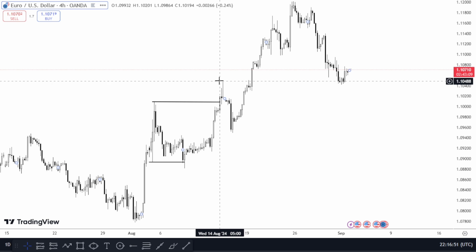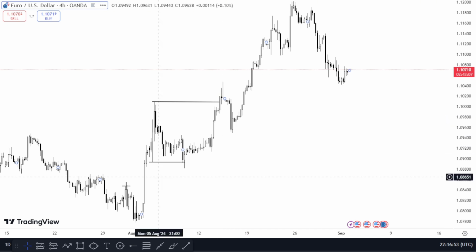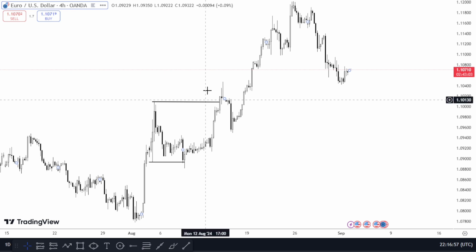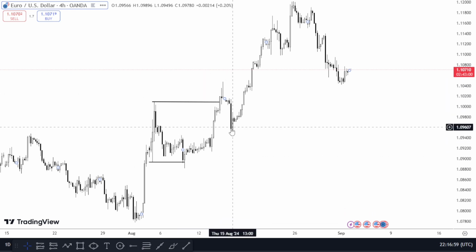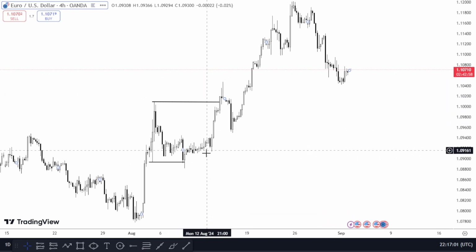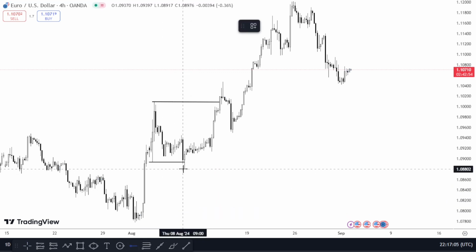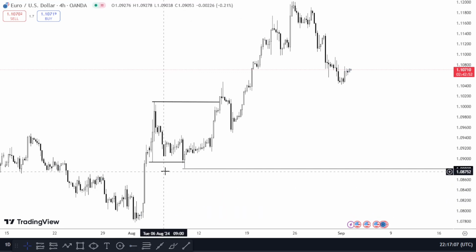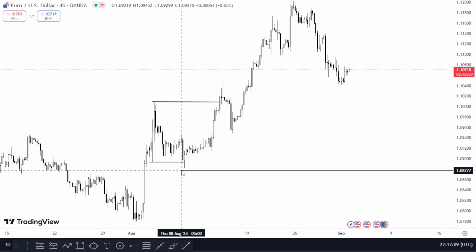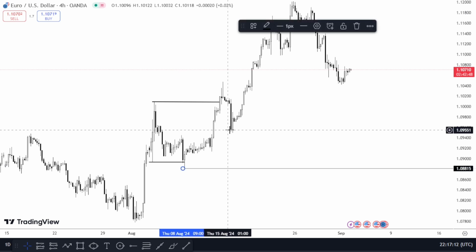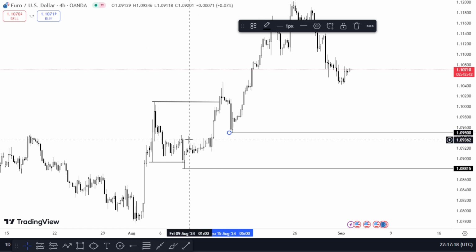So the whole of this right here now becomes our swing structure. So if the whole of this right here before the pullback happened is our swing structure, this becomes the protected low. And then the market pulled back to give us our structural liquidity.